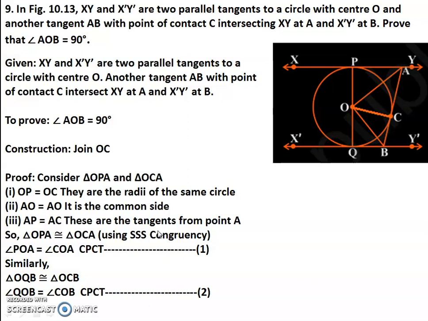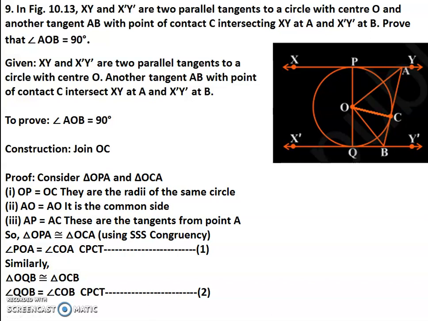From that, you can prove that angle POA is equal to angle COA, that is CPCT, corresponding parts of congruent triangles. Similarly, you can prove that triangle OQB is congruent to triangle OCB, same criteria, SSS congruence.